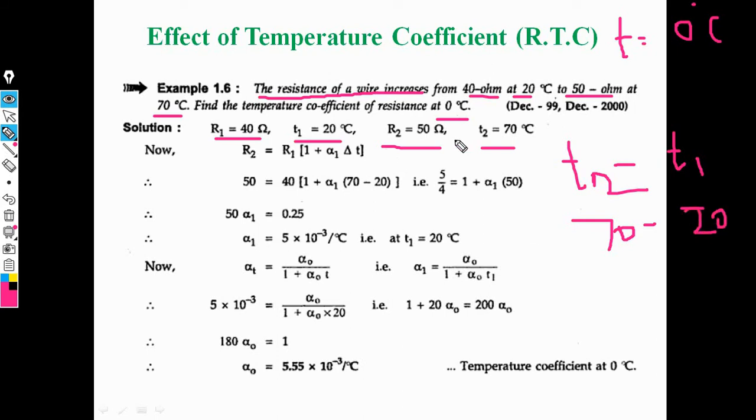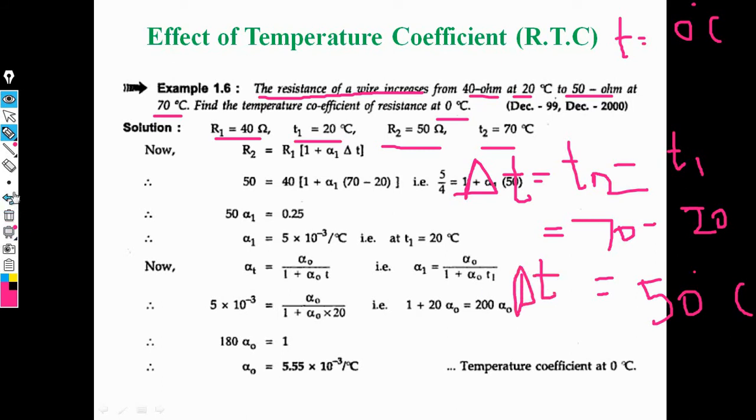Now 70 minus 20 gives 50 degrees Celsius. This is called delta T, the change in temperature, so delta T is T2 minus T1.